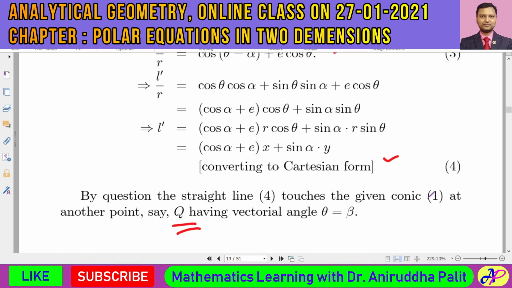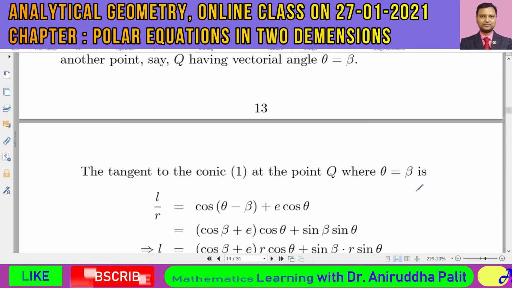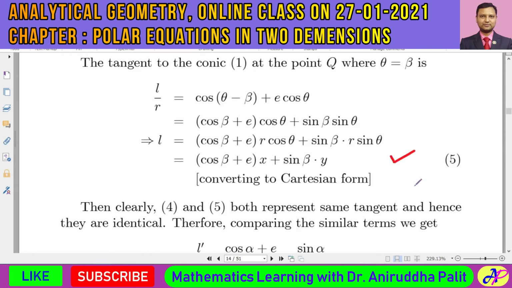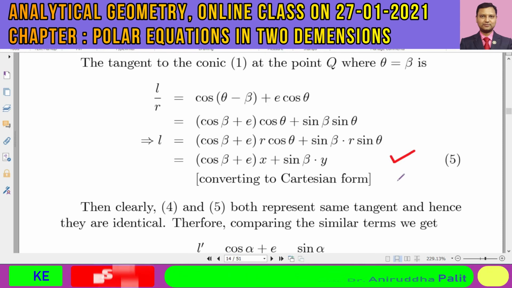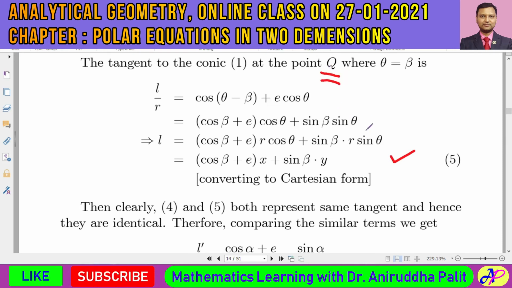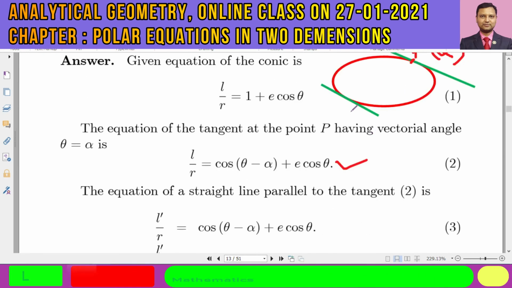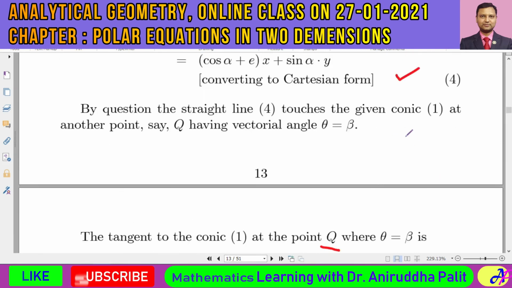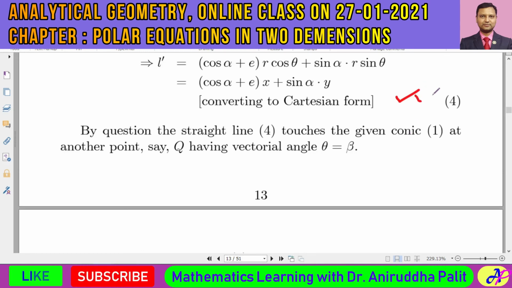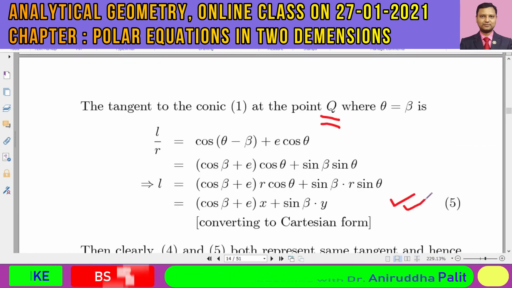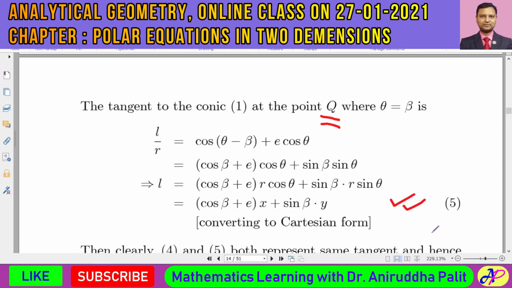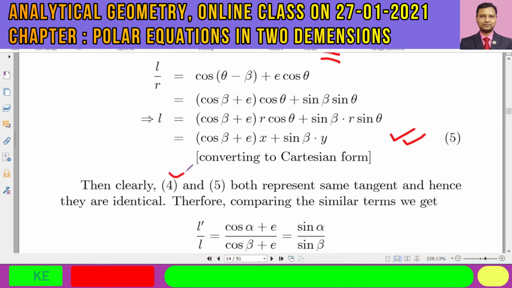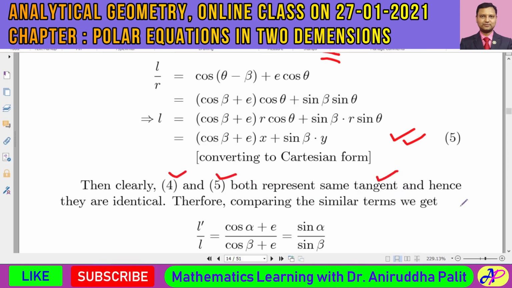Both are written in Cartesian form, and both are actually the equation of the tangent at this point Q. So equations number 4 and 5 both represent the same tangent line.